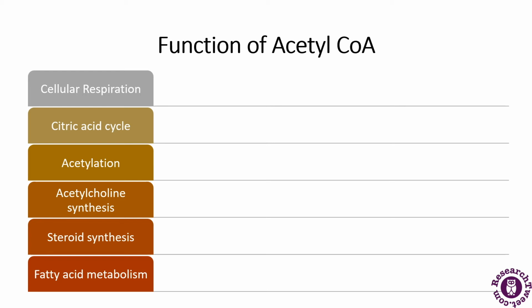Next comes acetylation. In acetylation, acetyl coenzyme A is the source of the acetyl group, as the name suggests. It is incorporated onto certain lysine residues of histone and non-histone proteins in the post-translational modification of acetylation.